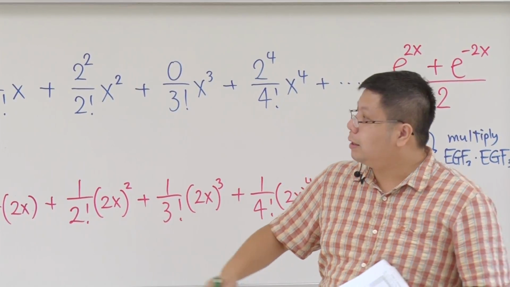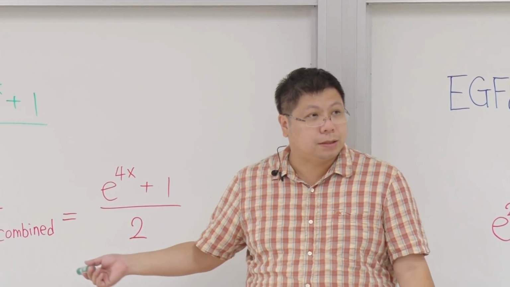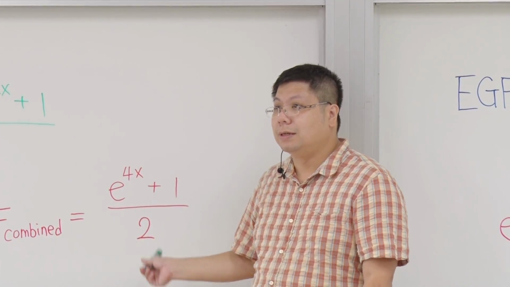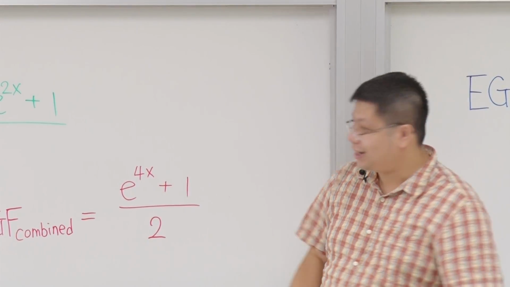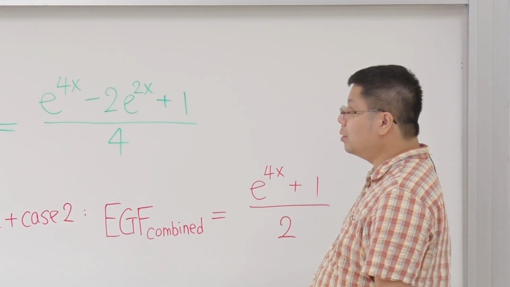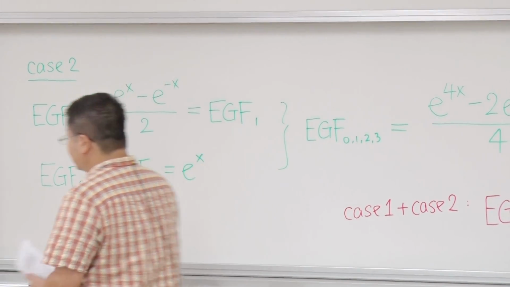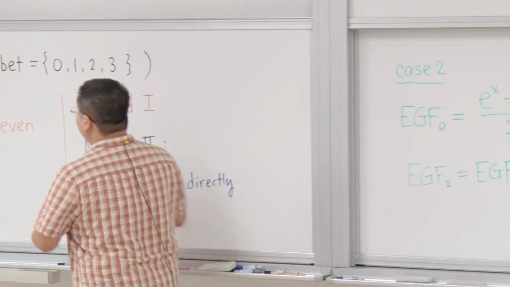Okay. And then to get the x to the power r term is going to be easy. Let's do it together. So we need to find the answer for this one. Okay, let me see.